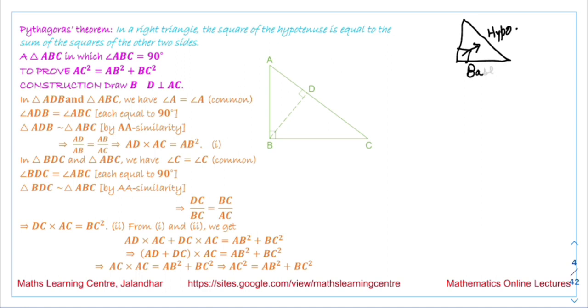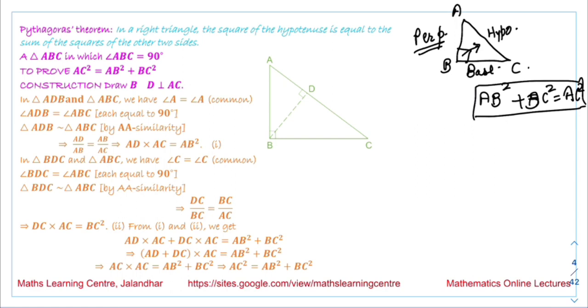This is the base and this is the perpendicular. This is the triangle ABC. What we have to prove is that AB square plus BC square is equal to AC square.